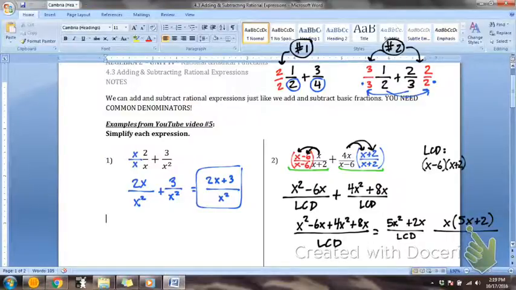what can we write? X minus 6, x plus 2. This would be my final answer.